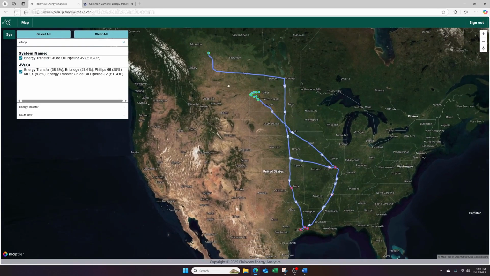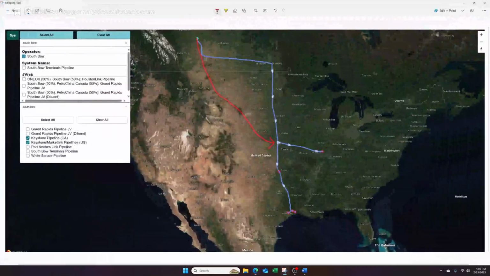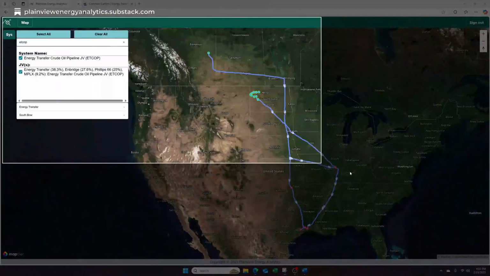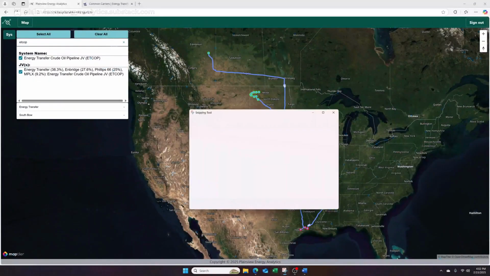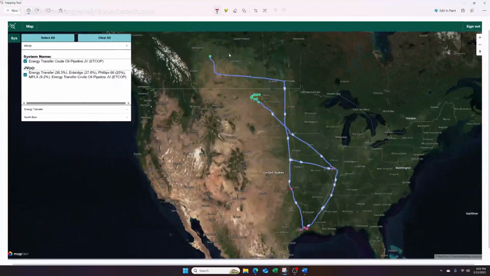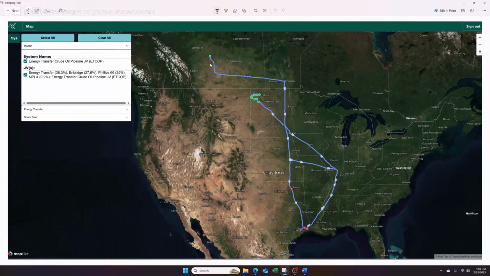So I don't know exactly what this is going to look like, but it's probably going to look, and I'll create another whiteboard on a snipping tool for us here, something like some new pipeline or combination of existing capacity into these areas for DAPL, where DAPL picks up its oil in the Bakken.